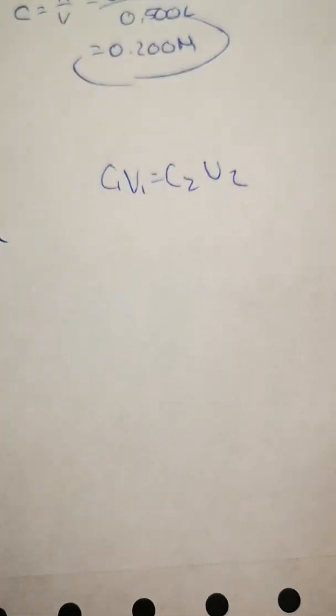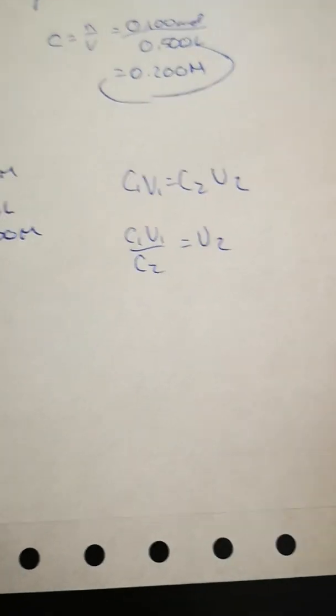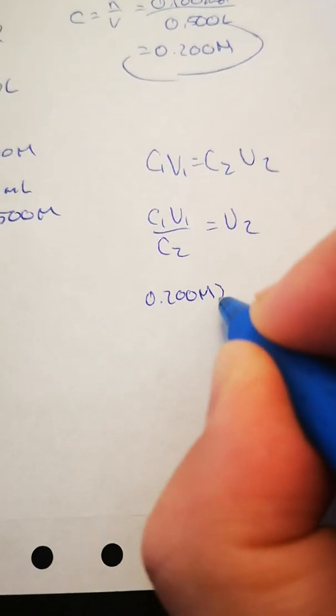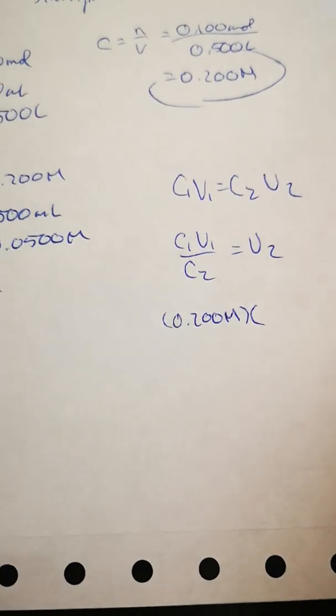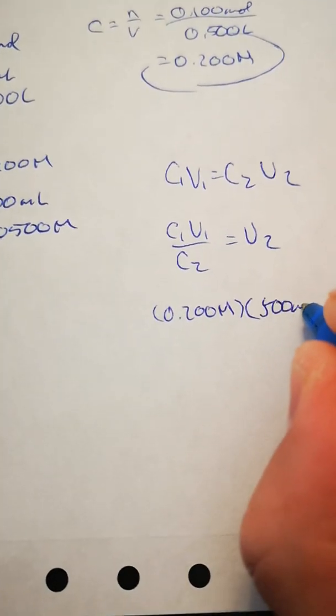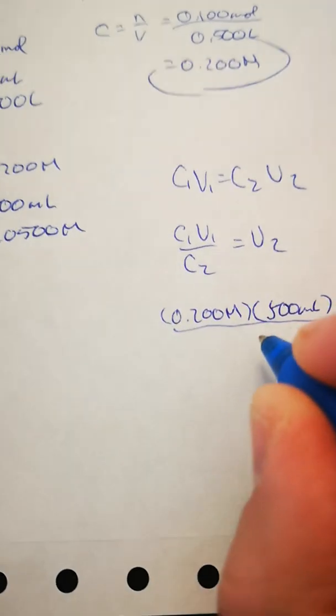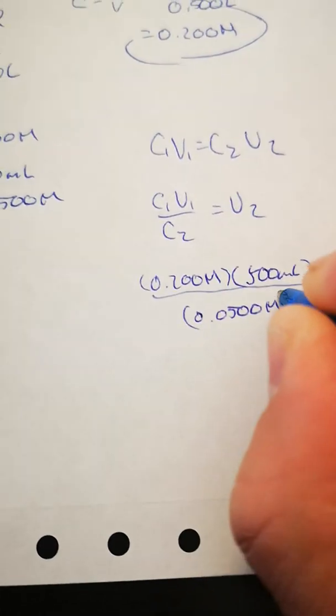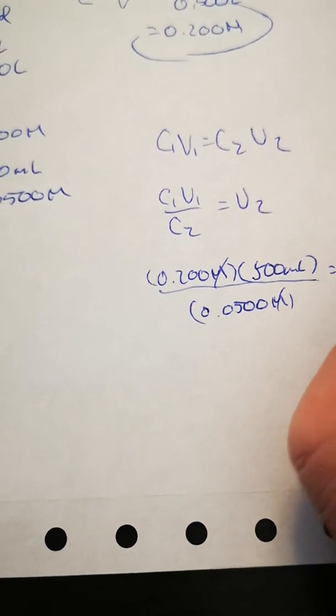So C1 V1 is equal to C2 V2. So C1 V1 divided by C2 is equal to V2. Rearrange. Plug and solve. 0.200 molarity times 500 milliliters divided by 0.0500 molarity. Molarity cancels.